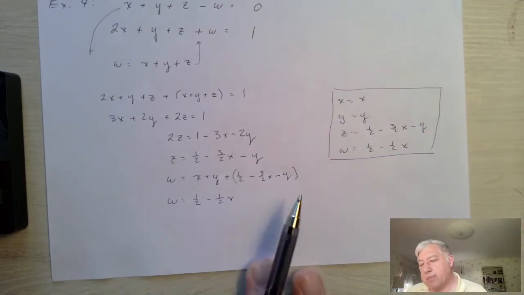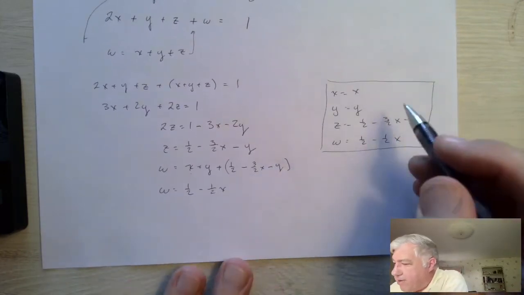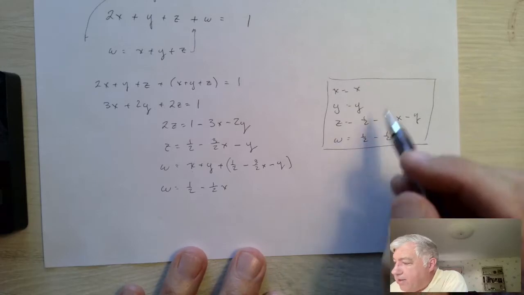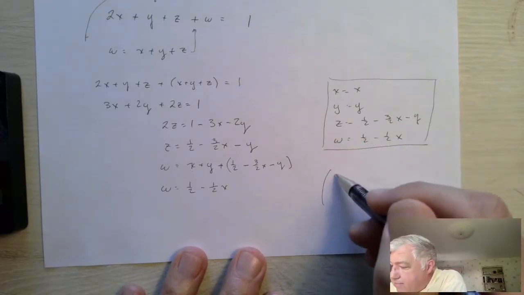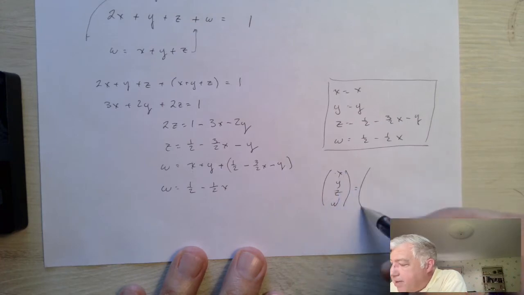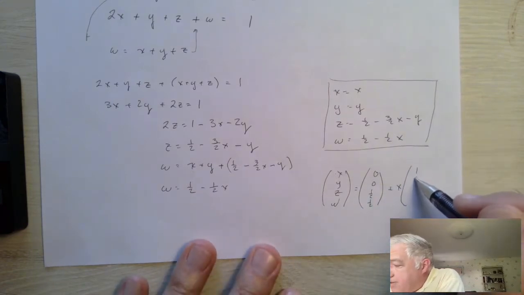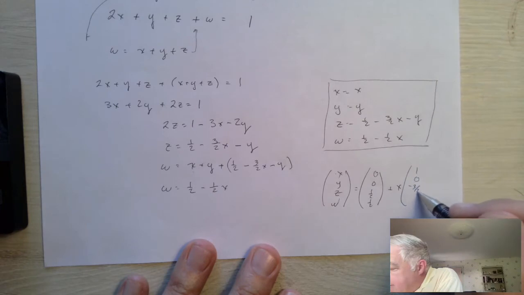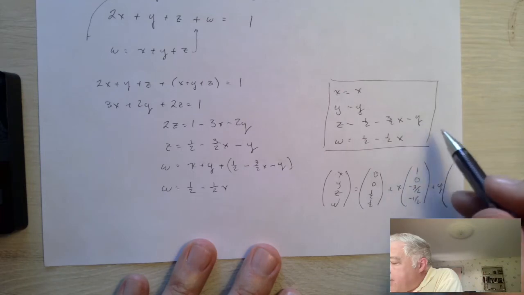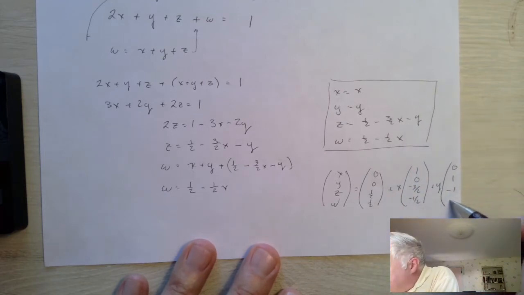You could also write this as a vector equation. We can actually write the solution as x, y, z, w equals the constant vector 0, 0, 1/2, 1/2 plus x times the vector 1, 0, negative 3/2, negative 1/2 plus y times 0, 1, negative 1, and 0.